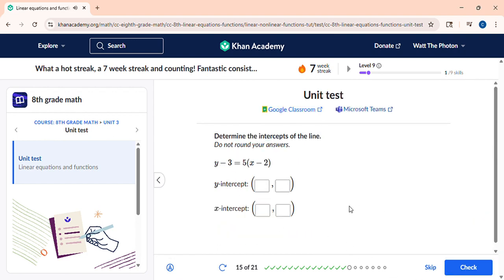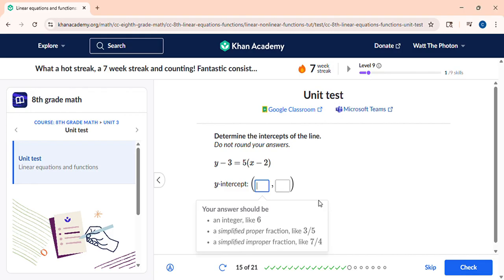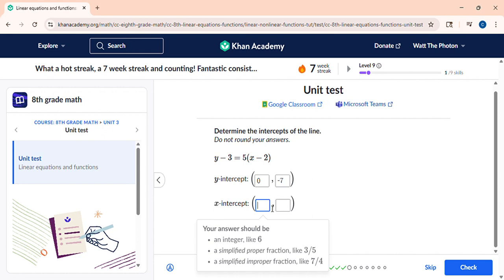Determine the intercepts. Okay, so if we have 5x minus 2 plus 3. So I think the y-intercept would be, when x is equal to 0, y is equal to -7, and then likewise x is equal to 1.4 when y is equal to 0.